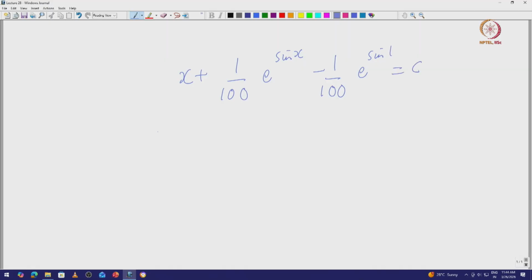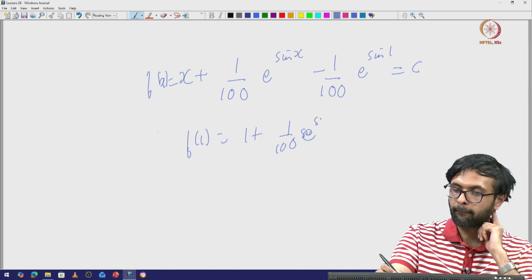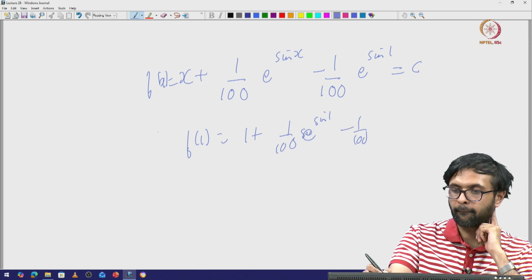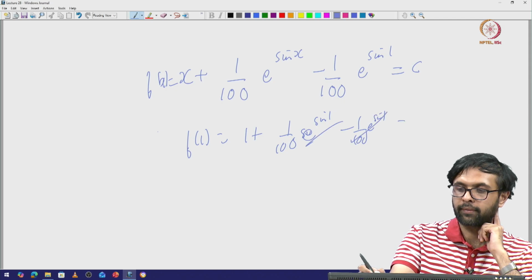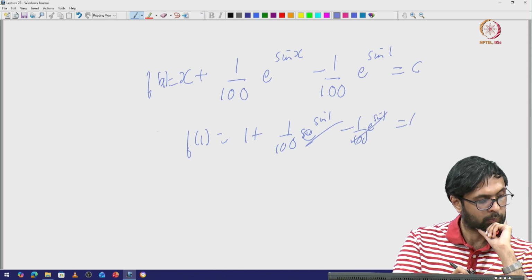For example, even in one variable calculus, consider this equation, which I'm writing down. What is f of 1? This is f of x. This is 1.